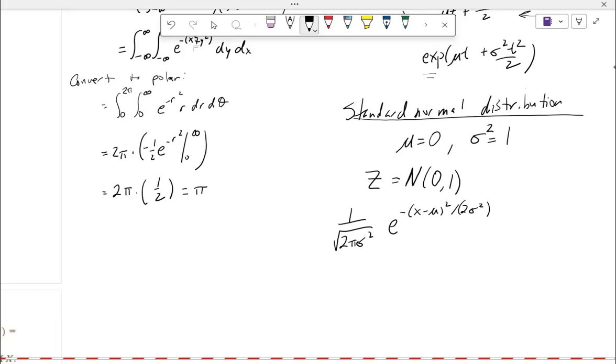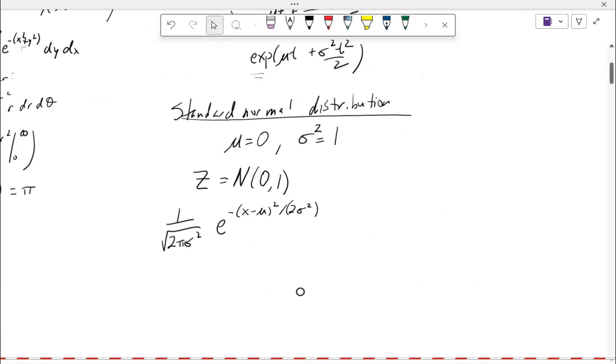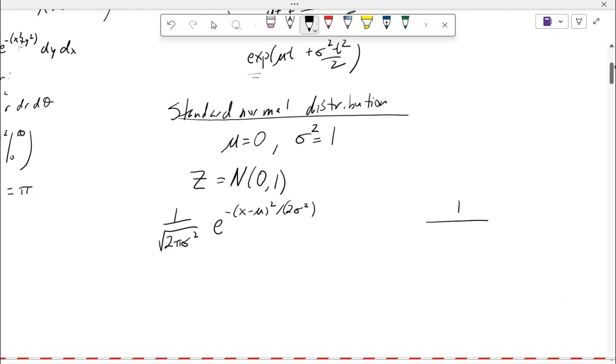That's going to be a 0, and that's going to be a 1. You agree with that? So what we'll see in our standard normal distribution instead would be 1 over root 2 pi times e to the minus x squared over 2. That's going to be the conversion. We got to go this way.